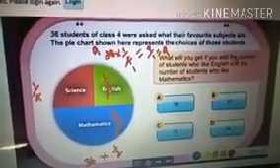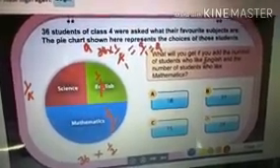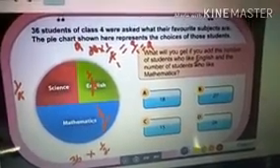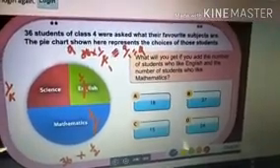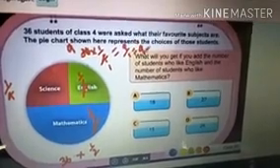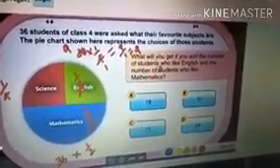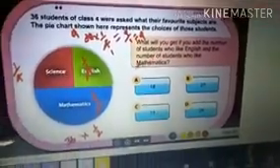Here they ask about the number of students who like English as well as mathematics. We already found the number of students who like English: 9. So we need to find the number who like mathematics.